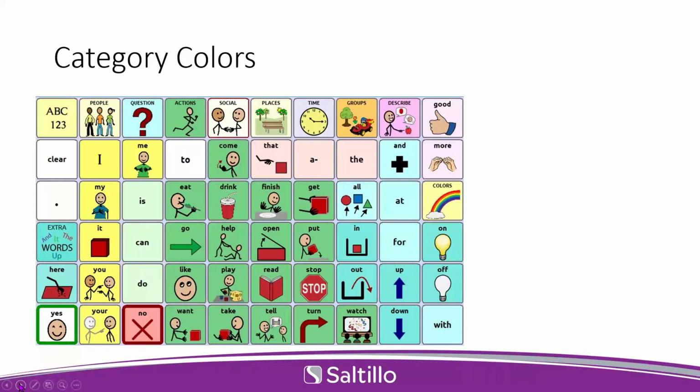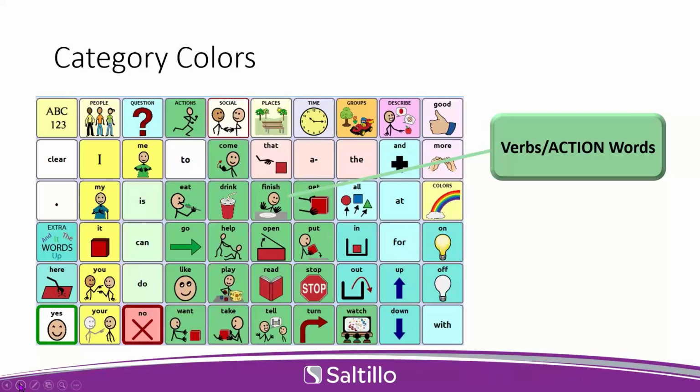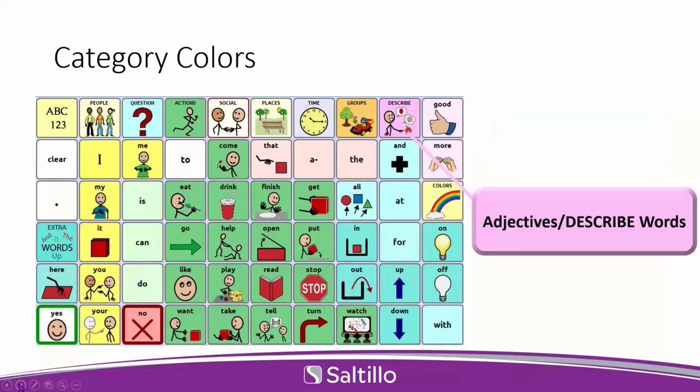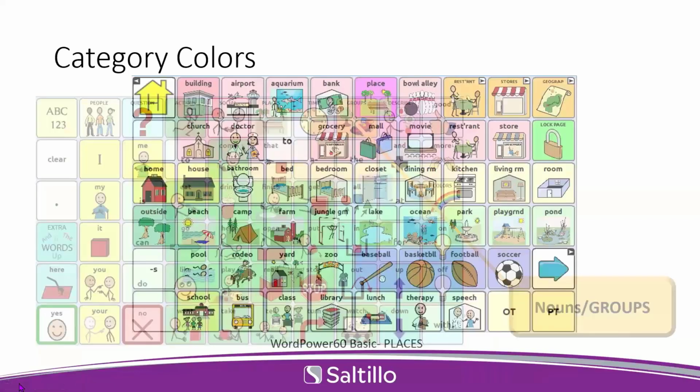So a few color coding organizations include yellow, which leads to pronouns and people, green, leading to verbs or action words, adjectives and the describing words are in purple, nouns or our group page leads to or is in orange. Okay, so just some simple color coding to help with visual organization.